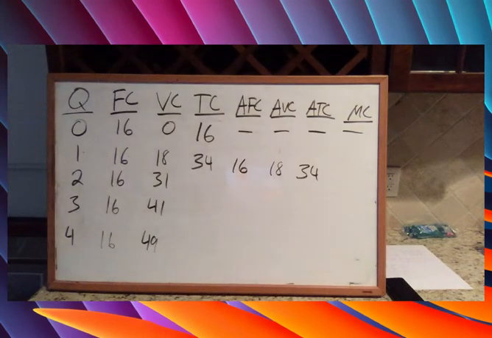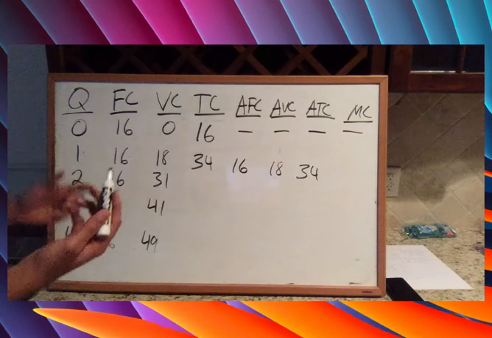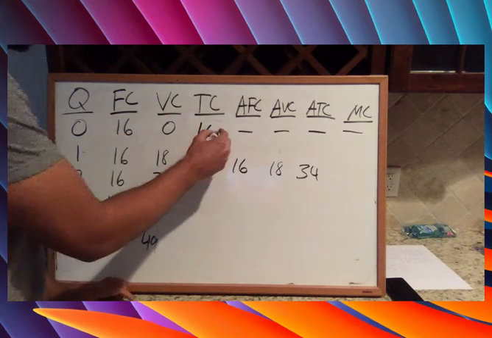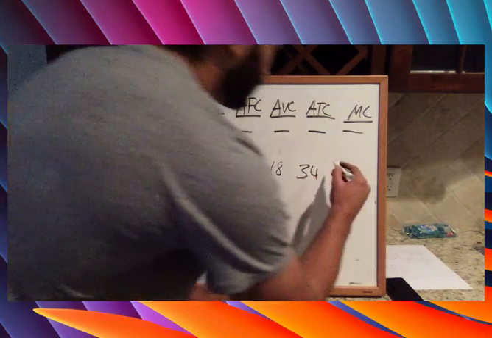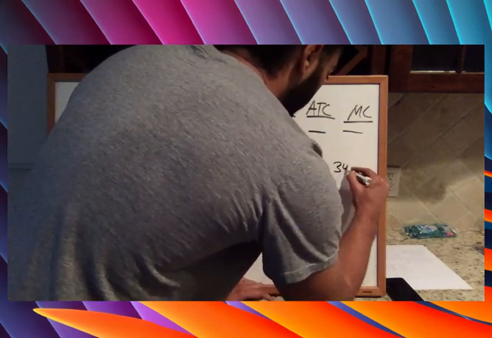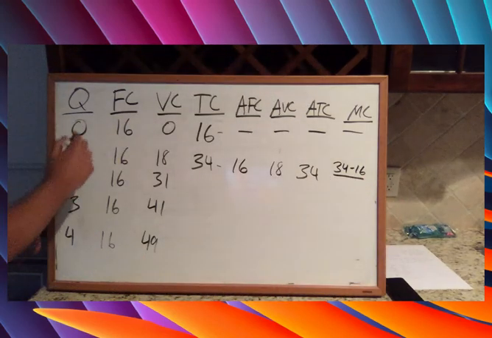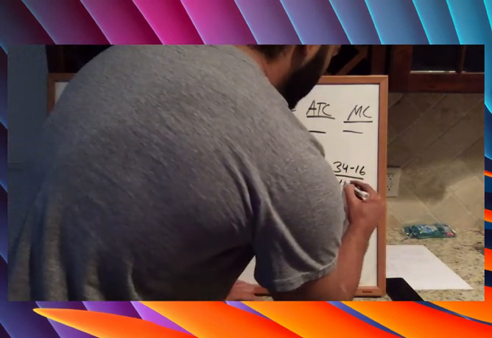Now we can calculate marginal cost. Now, the formula for marginal cost is the change in total cost divided by the change in quantity. So the change in total cost is from 16 to 34. So the math, again, will be 34 minus 16 divided by the difference between 0 and 1, so 1 minus 0.